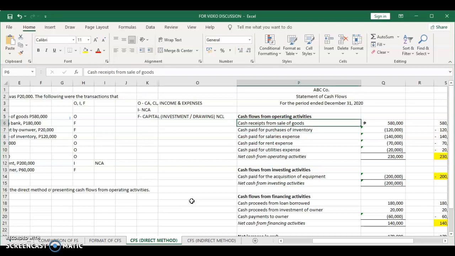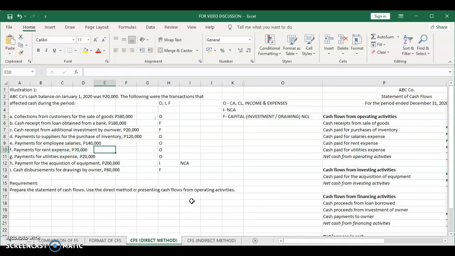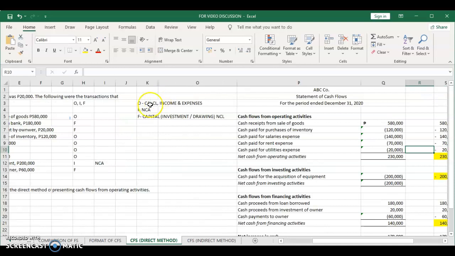Galing itong mga to class dito sa ginawa natin. We have operating of 580,000. That is an increase kasi naka-receive ka ng cash, while these 4 are a deduction to your cash kasi naglabas ka ng cash. So that is an outflow.